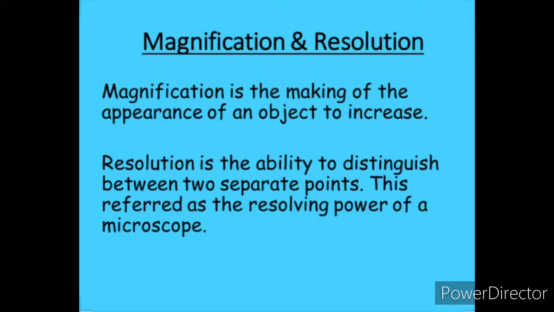Okay? And to create a useful image, a microscope must help you see the details of the object's structure clearly. In general, for light microscopes, resolution improves as magnification increases. Good resolution makes it easier to study cells.